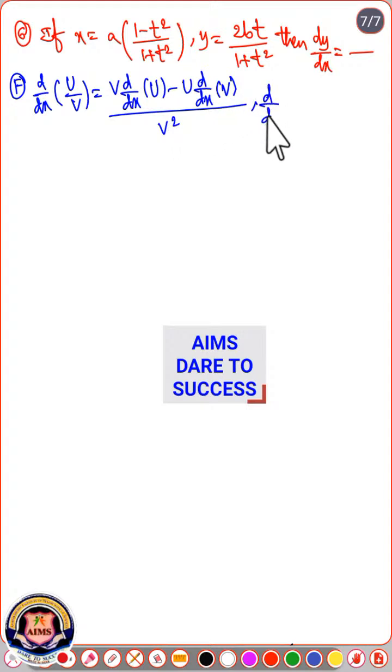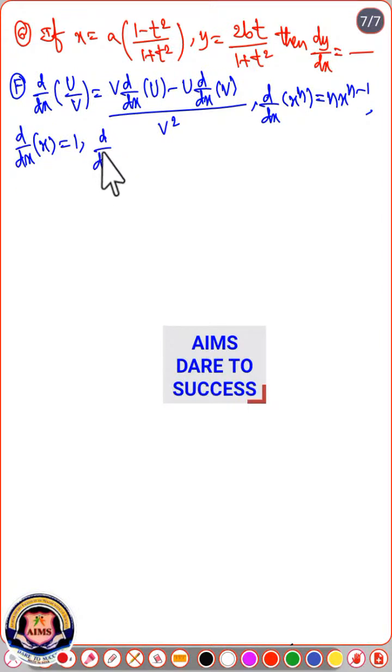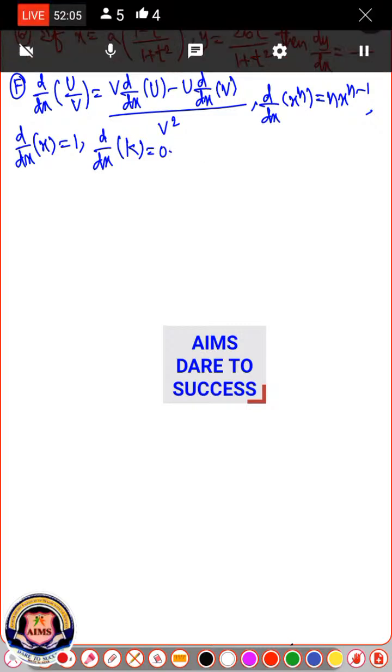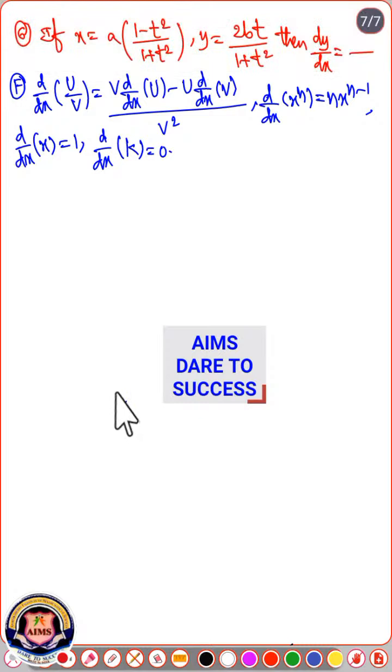And the next one is d by dx of x power n is equal to n into x power n minus 1. And d by dx of x is equal to 1, and d by dx of constant k is equal to 0.